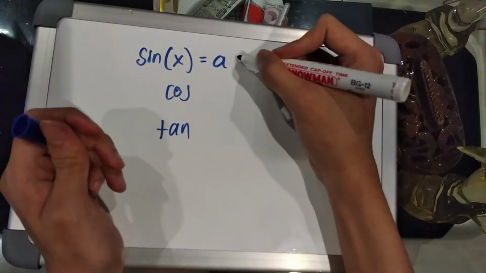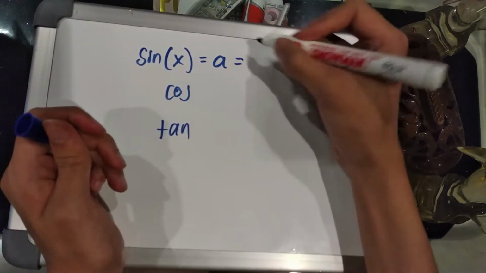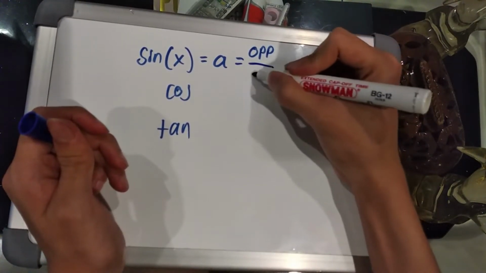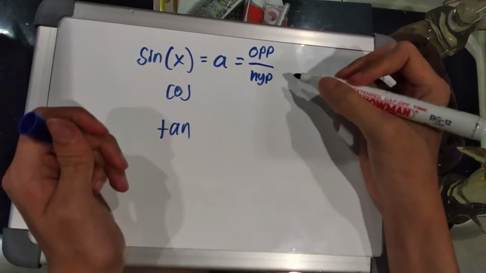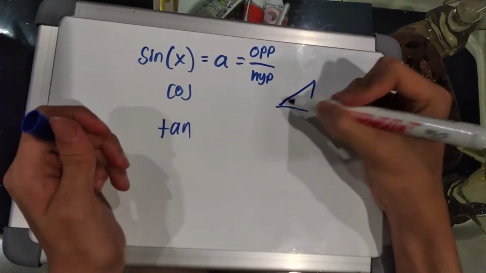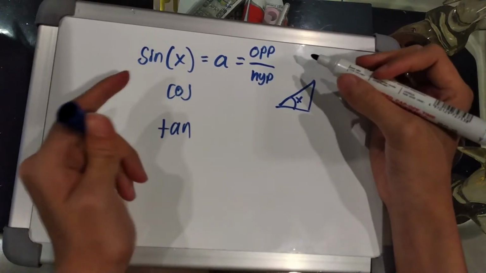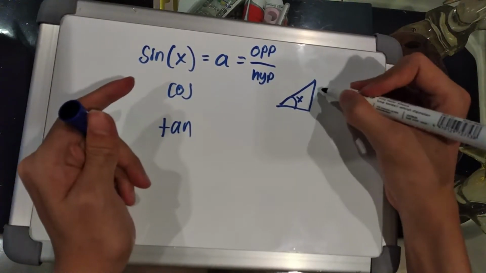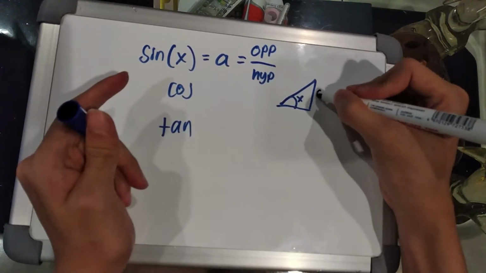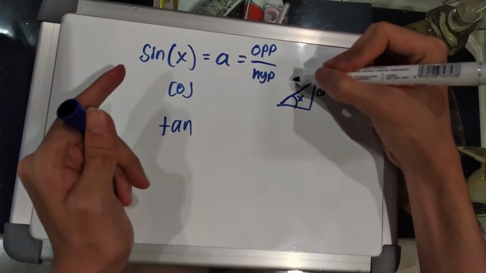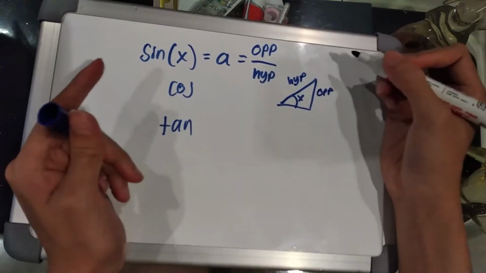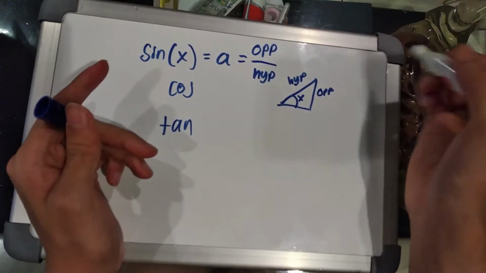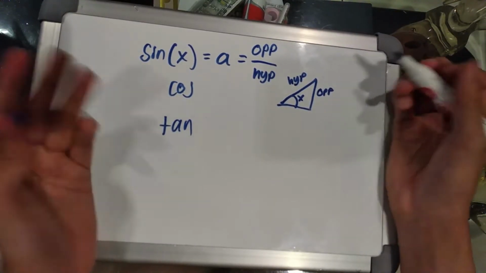And we know that this value corresponds to the opposite over the hypotenuse for a triangle with the angle x. So you put in an angle and you get, as a result, the length of the opposite side, which is over here, divided by the hypotenuse. Basically, you put in an angle and you get some value, which is the ratio of the sides of a triangle.